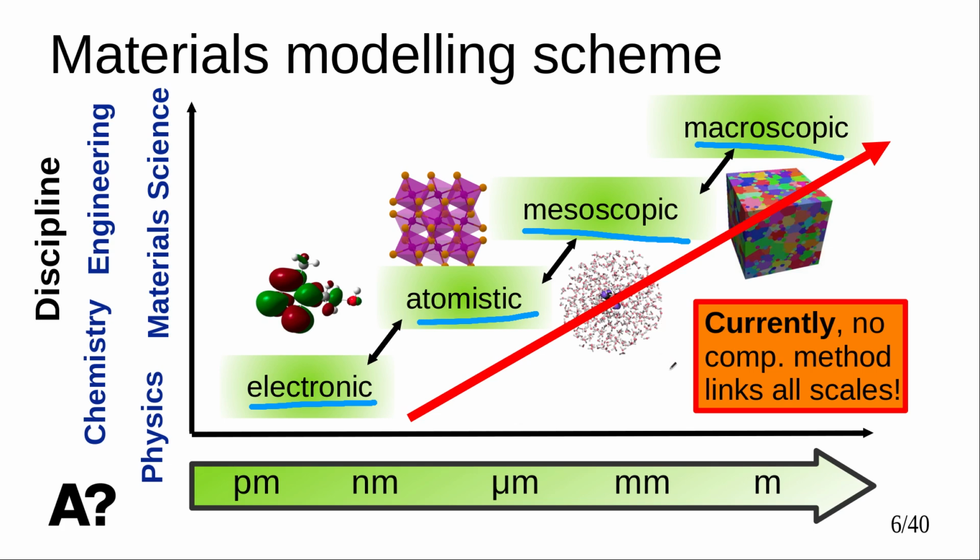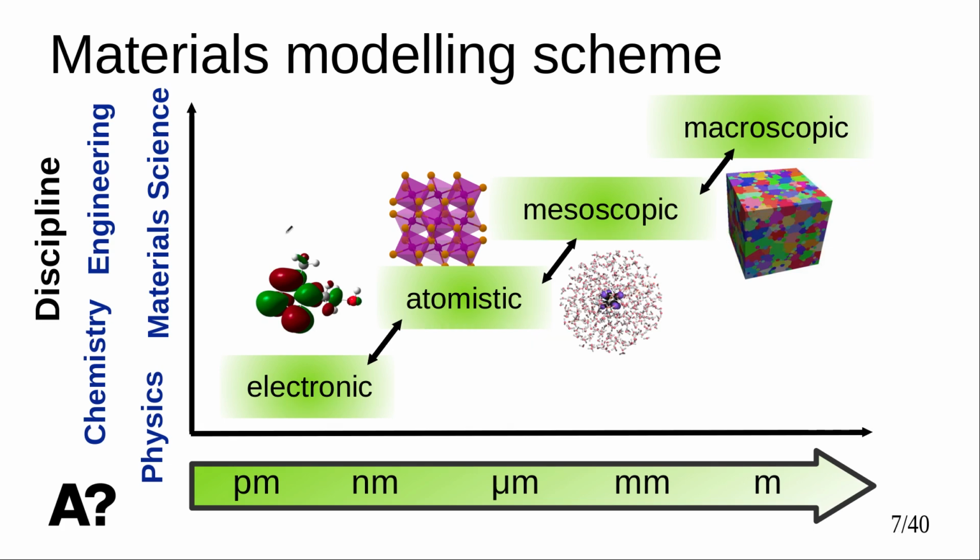We currently don't have a method which is capable of simulating electronic structures, for example, of a molecule, and at the same time also simulating the whole device, like a battery or a solar cell. So to give us a better understanding of which methods are available, especially for the electronic and the atomistic regimes, which we cover in that course, we will focus on those now.